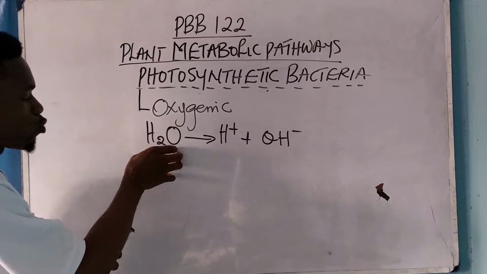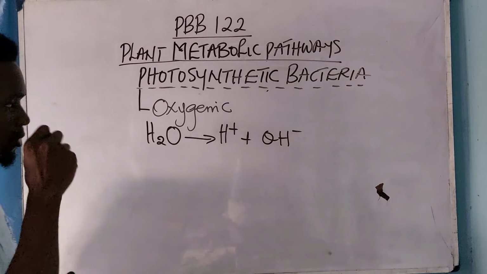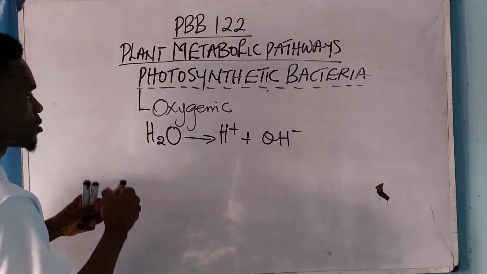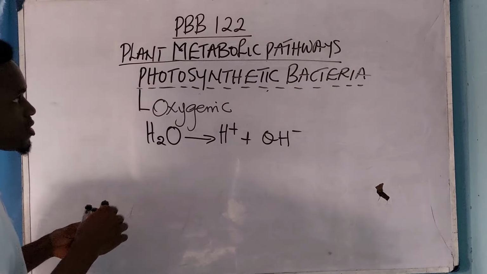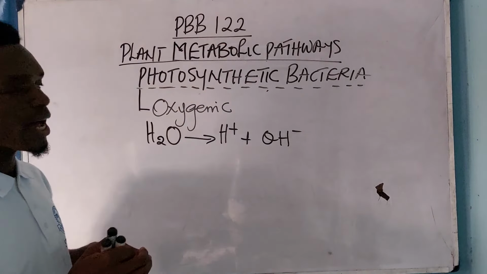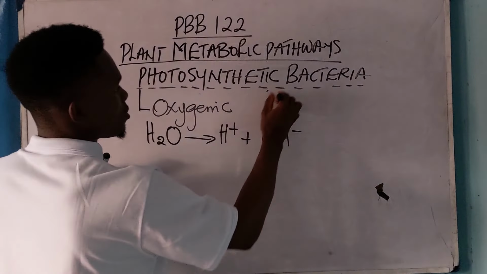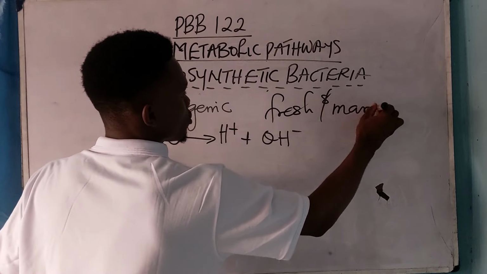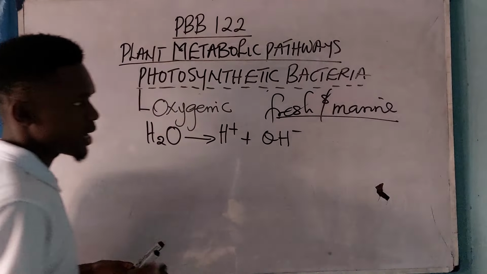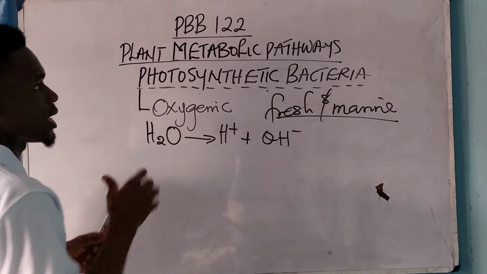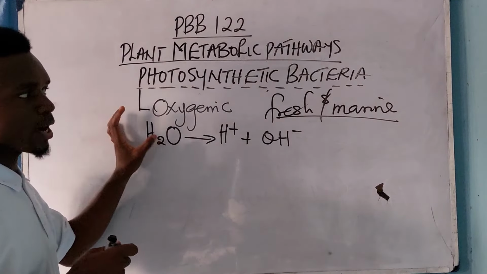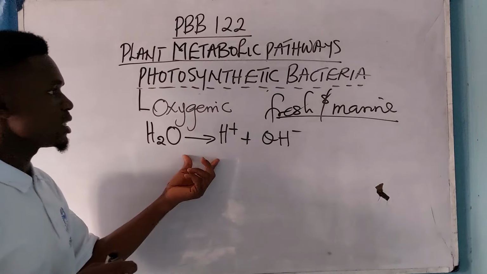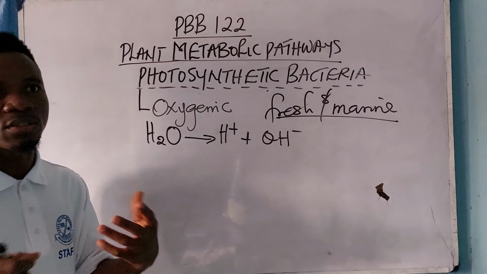Don't forget, they make use of water molecule. And again, there are some bacteria found in fresh and marine habitats. Take note of that. The anoxygenic bacteria are found in fresh and marine habitats, while the oxygenic ones are found in fresh and even terrestrial locations.